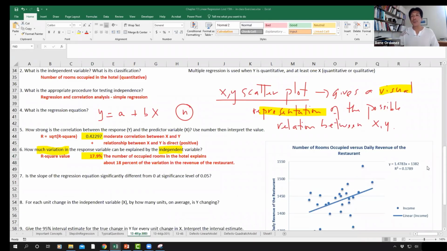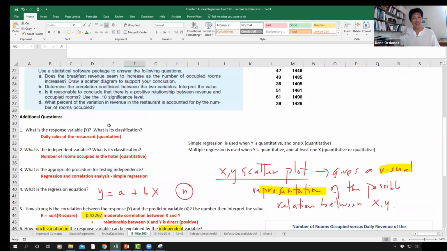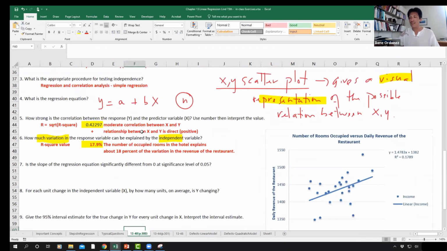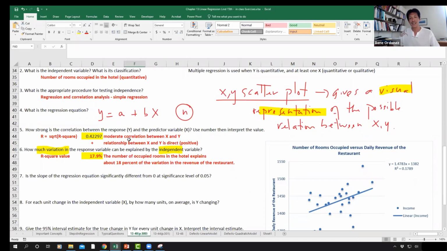So continuing with this problem, we're going through the different steps in regression analysis, right? So the next step, once you have generated the equation, we will subject that equation to a series of tests.